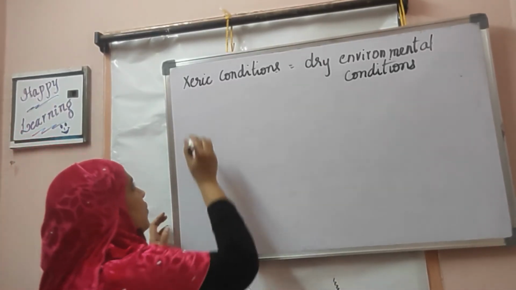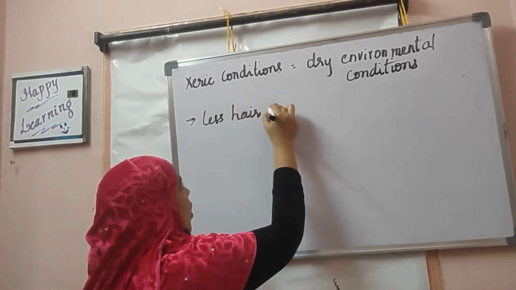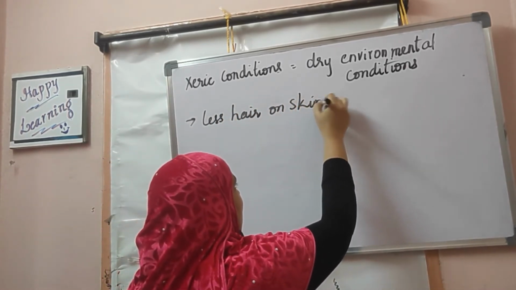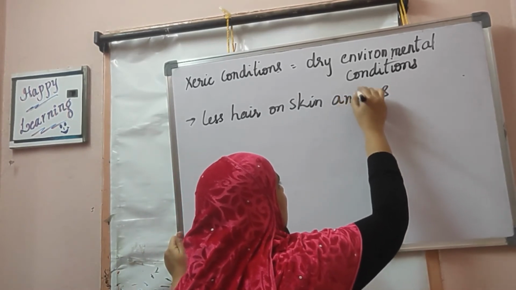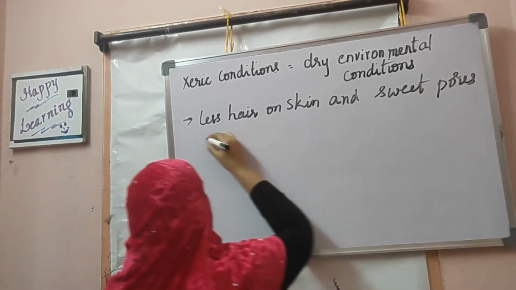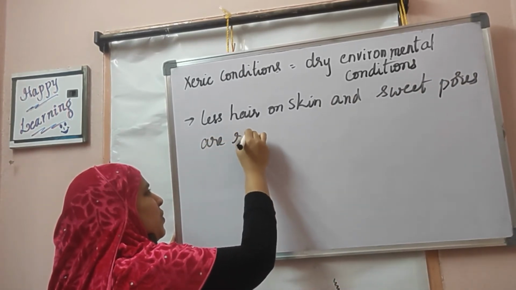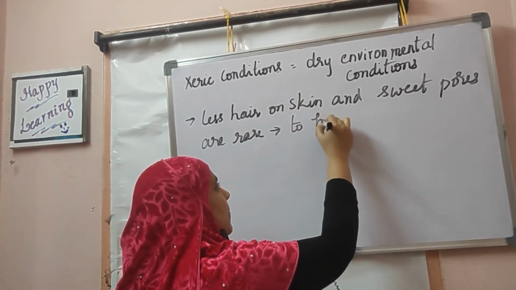Apart from this, there are other adaptations also. Hair on the skin is very less, and sweat pores are very rare, meaning very few. Why these two? To prevent sweating.